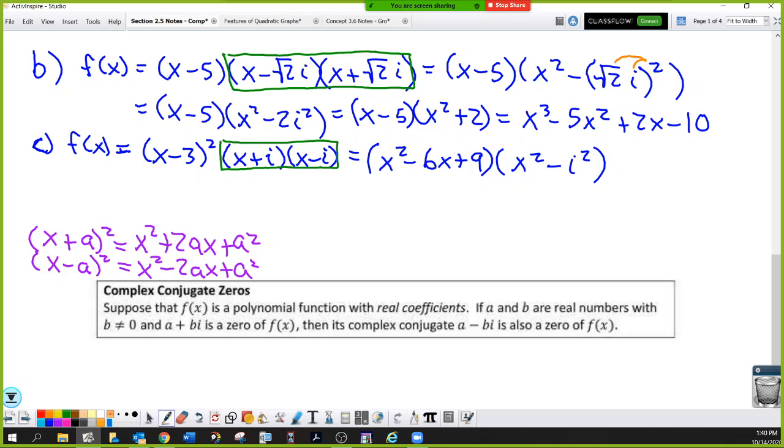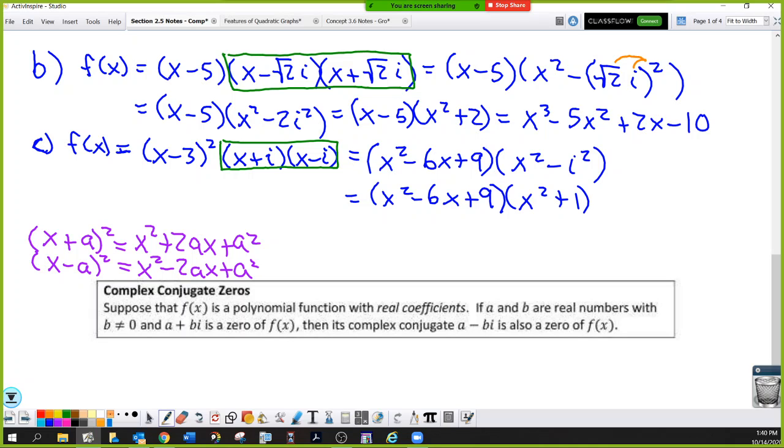Square the front, square the back, minus sign in between. And oh look, another i squared. i squared is -1. So x squared minus 6x plus 9 times x squared plus 1. Oh boy, wouldn't that just be a fun thing to FOIL out? Everybody knows how to FOIL.